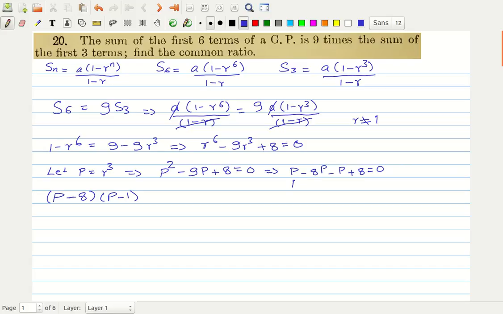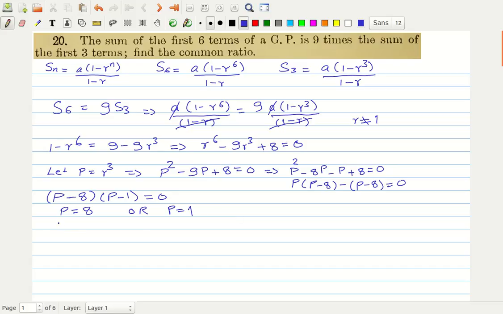Because if you take p common, this is p minus 8 minus 1 times p minus 8 is equal to 0, and from here we will get p minus 8 times p minus 1 is equal to 0. So p is either equal to 8 or p is equal to 1, right?